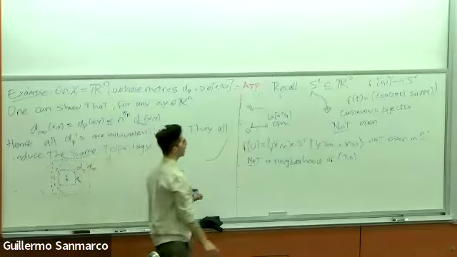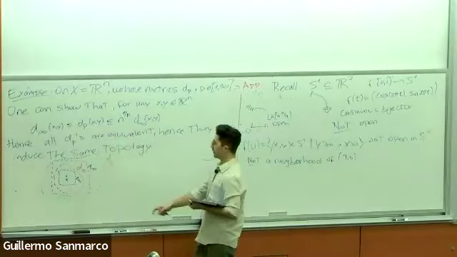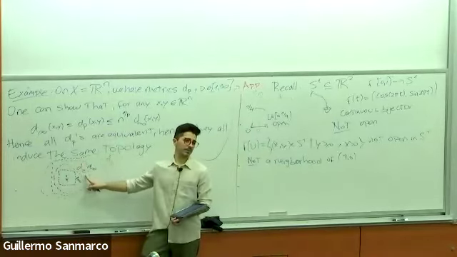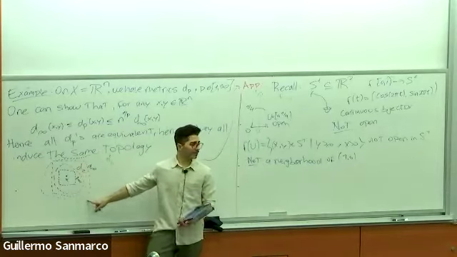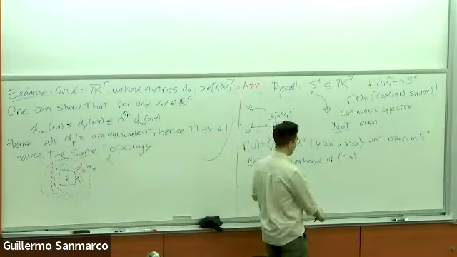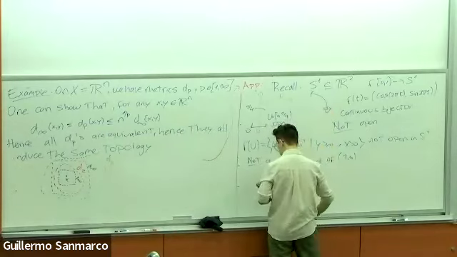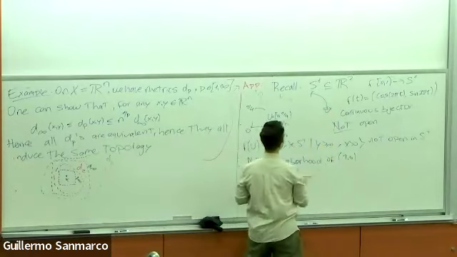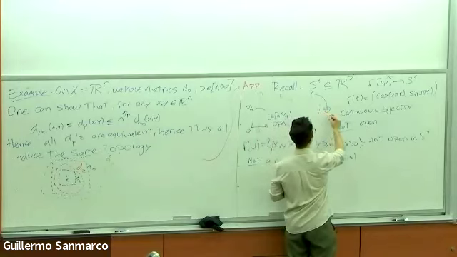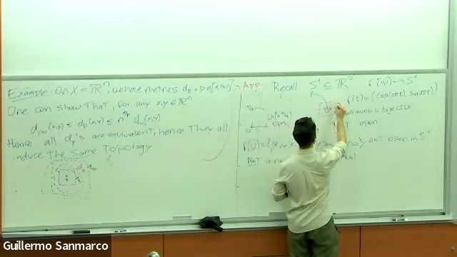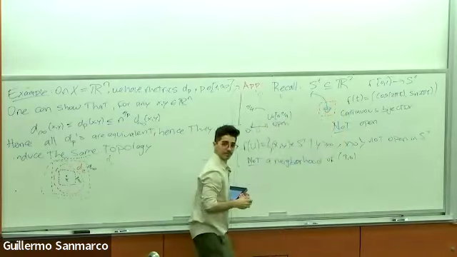And why is that the case? Because using this D2, or also the infinity metric, but it's easier with the infinity metric, any ball of D2 of this guy will have negative y's.